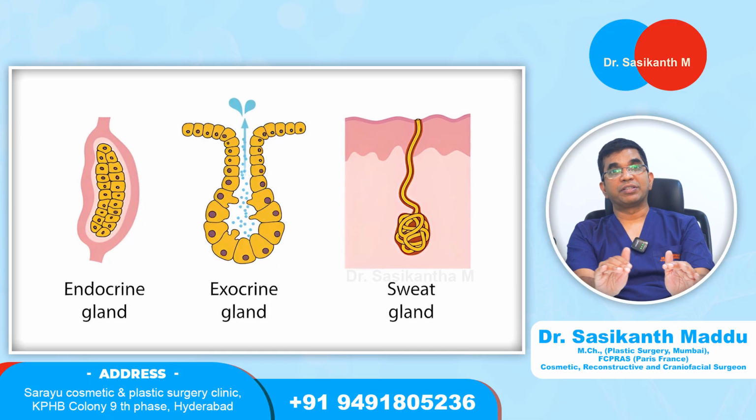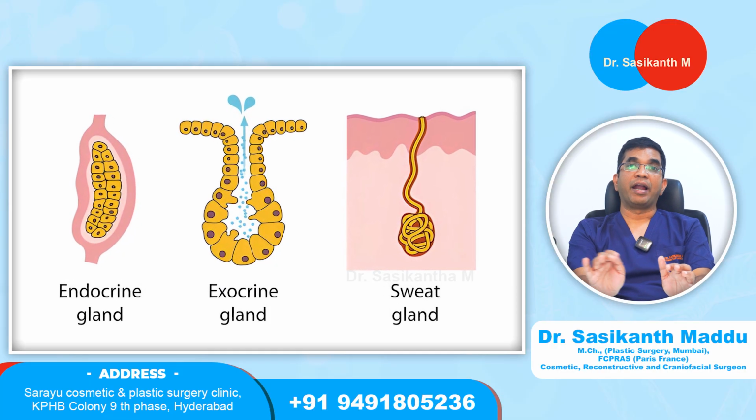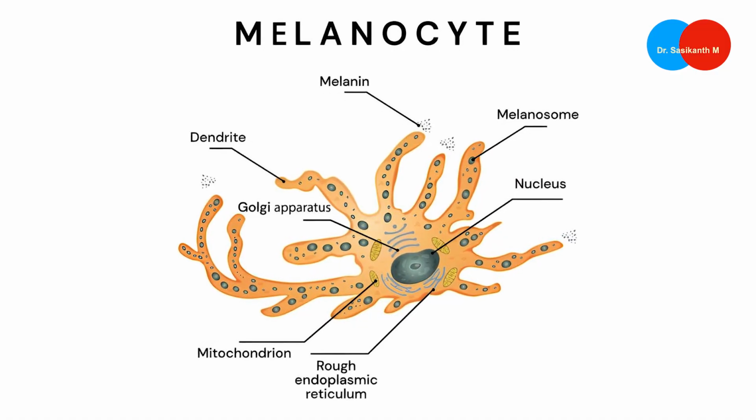So the skin covers, prevents the loss of moisture from the tissues, and it has multiple glands within it, sebaceous glands, sweat glands, and multiple neural elements which take the sensation from the external environment and transmit those sensations to the brain. In addition, it has melanocytes which give color to the skin. Some people are fair-skinned because of fewer melanocytes.